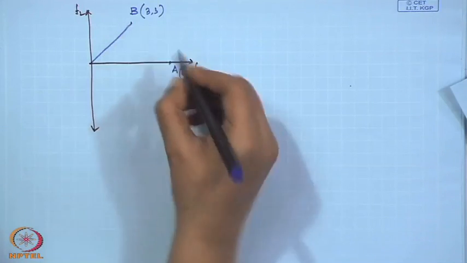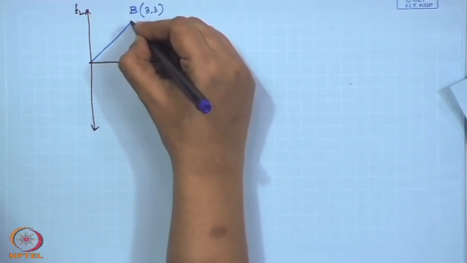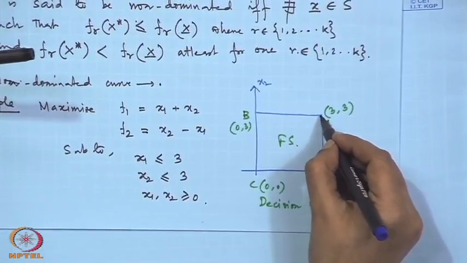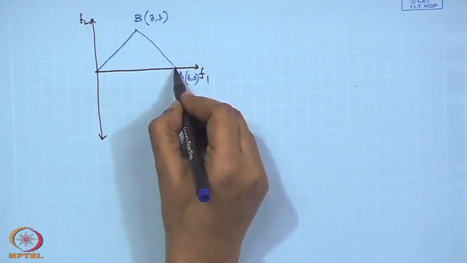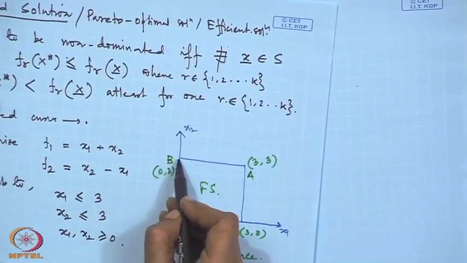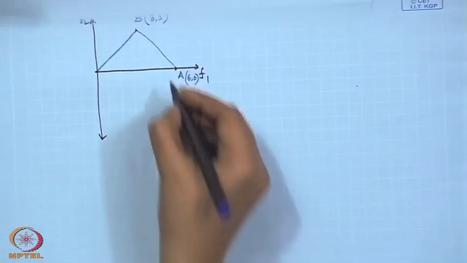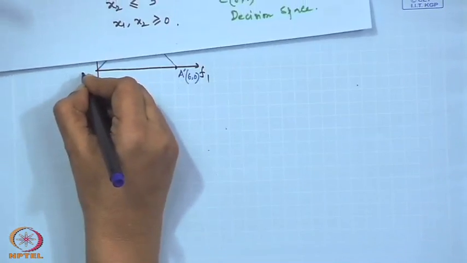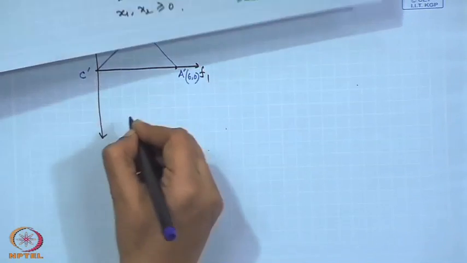Then this is the space for us. A is mapped to this point in the criterion space. The point (0, 3) is B. I should not write A, let me put A prime, B prime in the criterion space, and this is C prime and this is D prime.